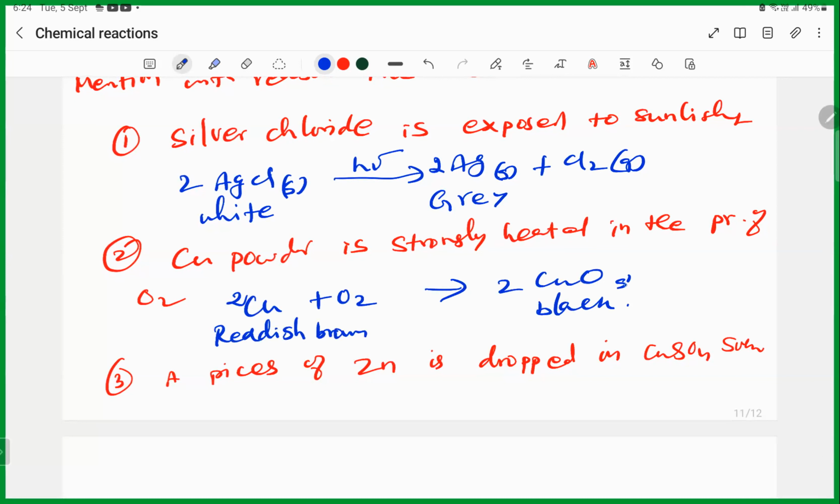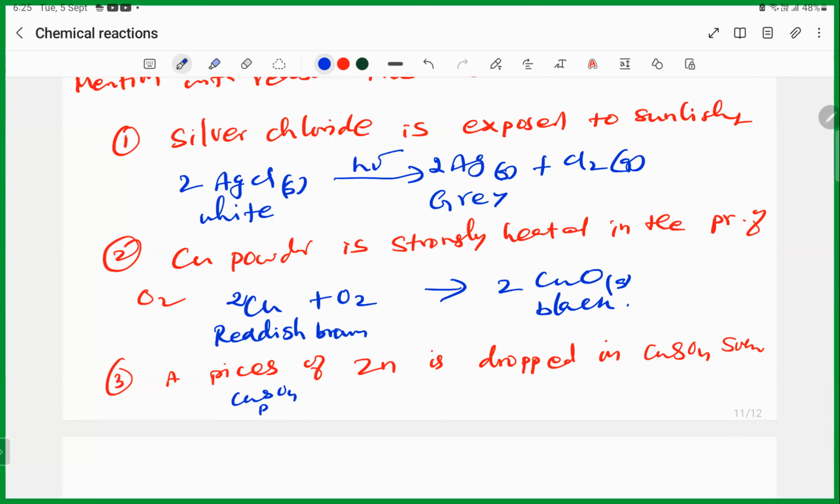A piece of zinc dipped in copper sulfate solution, what will happen? Blue color will change to brown color, sir. Sir, zinc displaces copper from copper sulfate and zinc sulfate is colorless. I said copper color, sir. Very good. So both of your answers are right.